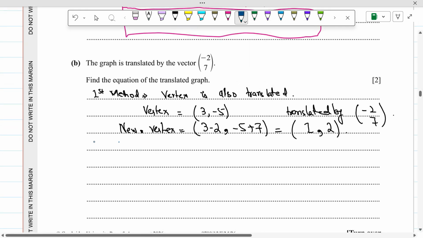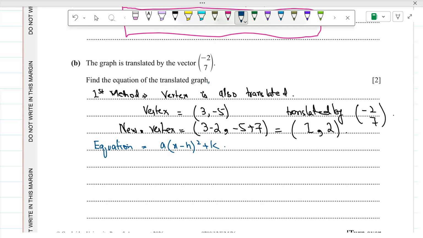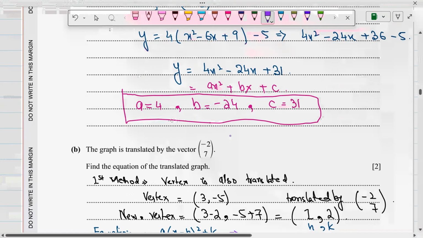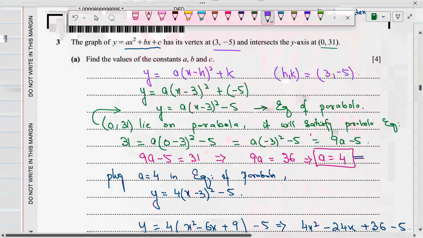So the new equation is y equals a times (x minus h) whole squared plus k, and in this case the new h and new k are 1 and 2. The a we just calculated in part a was 4.